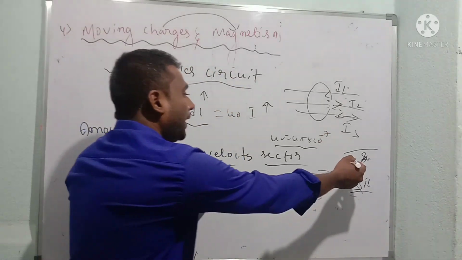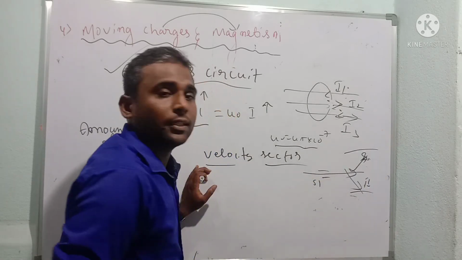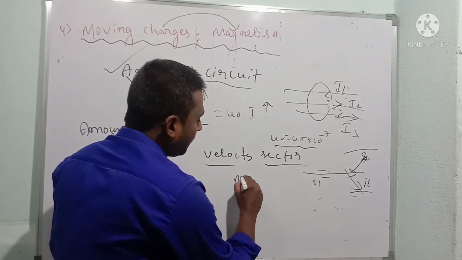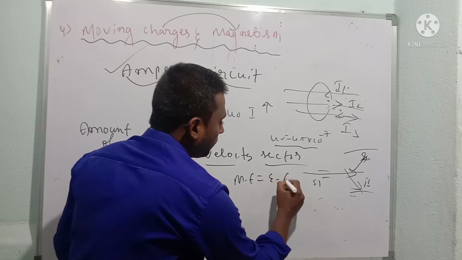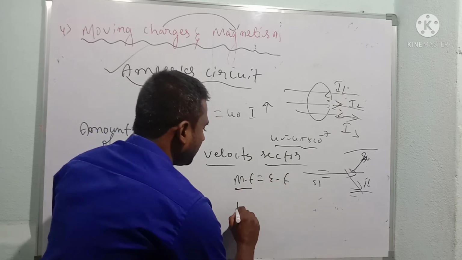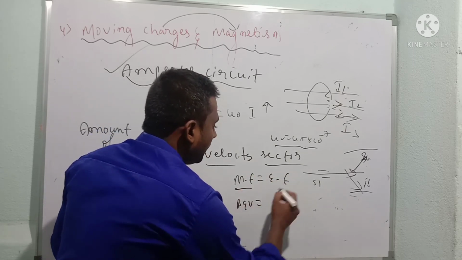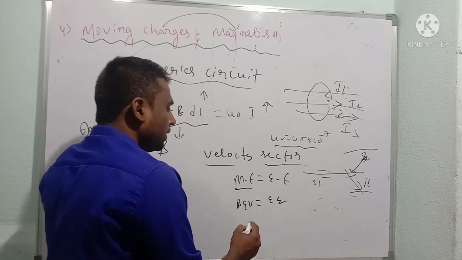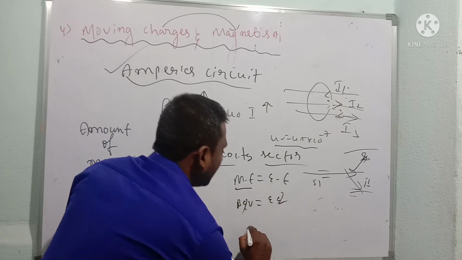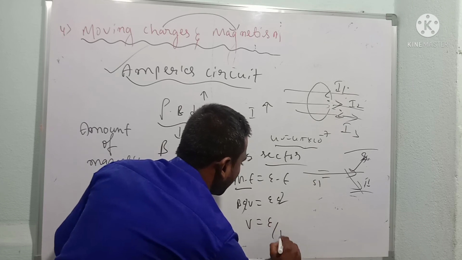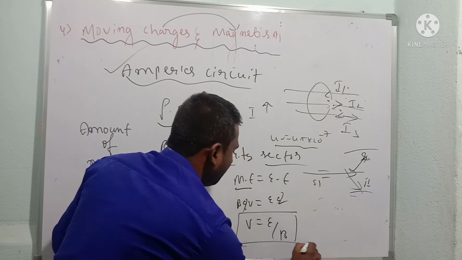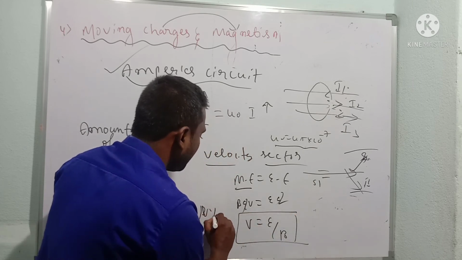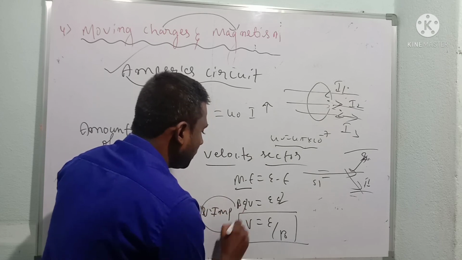Now here the magnetic force is equal to the electric force. We know that the magnetic force is BQV and the electric force is EQ, then Q cancels, so V is equal to E divided by B. Very important, children, this expression is asked many times in the CET.